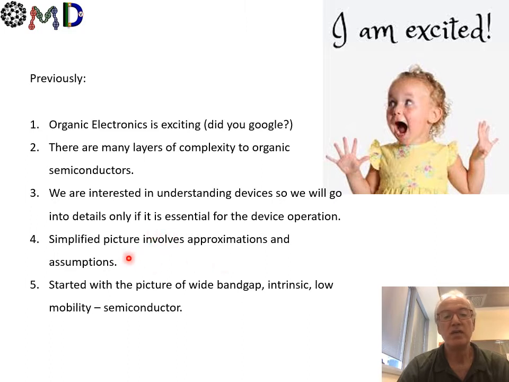So really what we are going to do next is we are going to try and understand the physics and chemical physics of these materials, but in the context of devices.